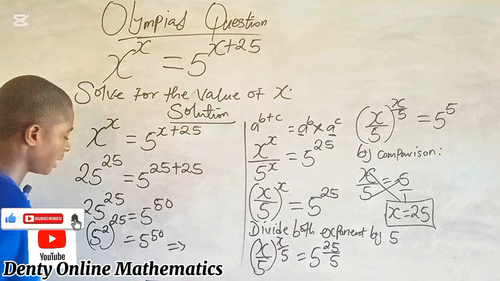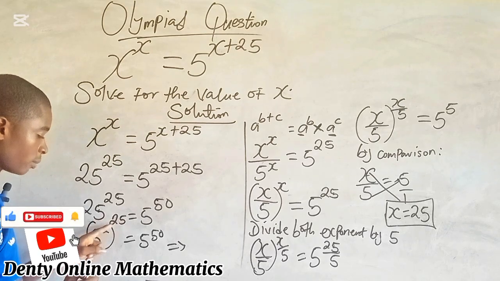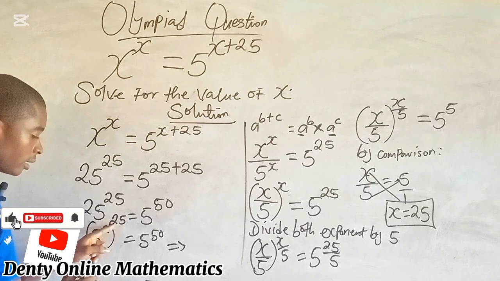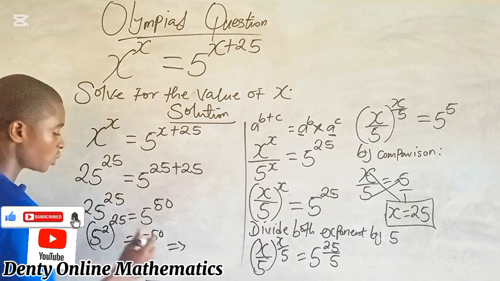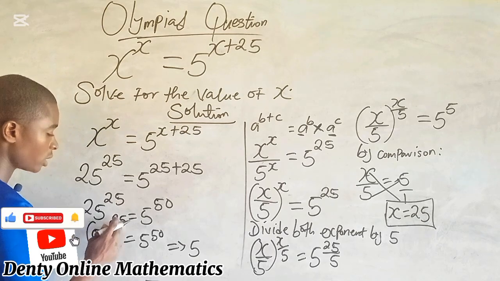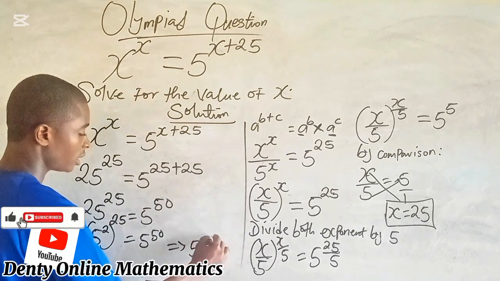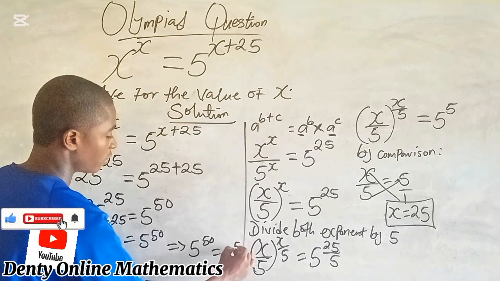Now this implies that this exponent can multiply the exponent outside the bracket. So 2 times 25, let's bring down this base. 2 times 25 will give us what? 50, which is equal to this one, 5 raised to the power of 50.